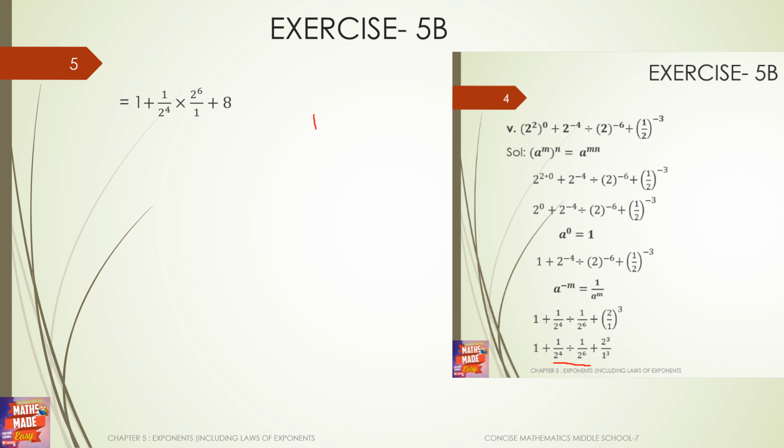So here 1 by 2 to the power of 4, I have done a direct step. So we are dividing 1 by 2 to the power of 6. This is what we have done. How I got it is, see children, you have to write the numerator part, that is 1 by 2 to the power of 4, as it is.